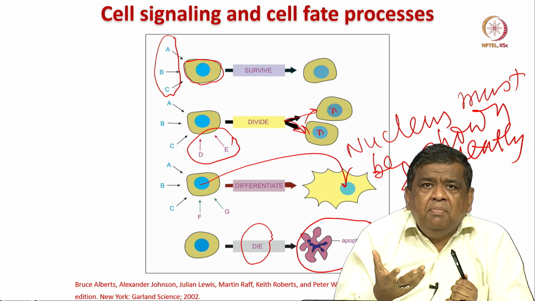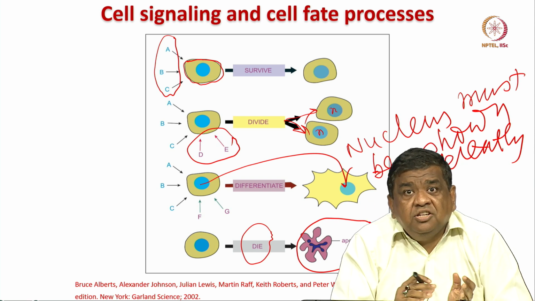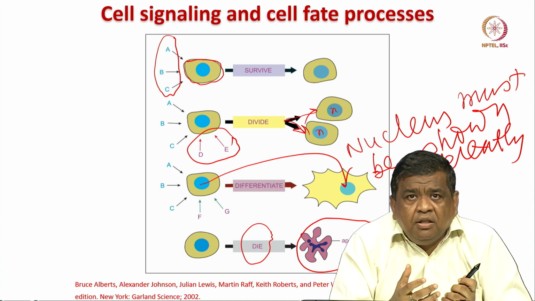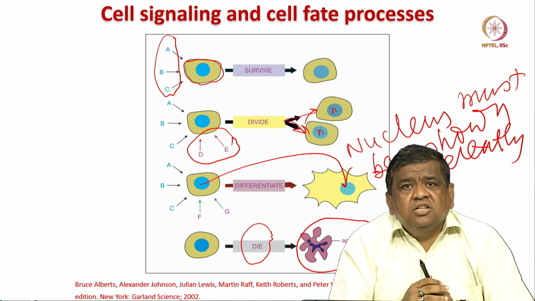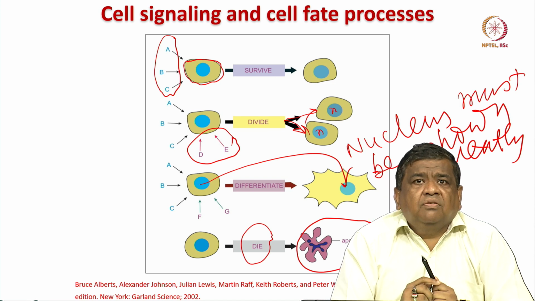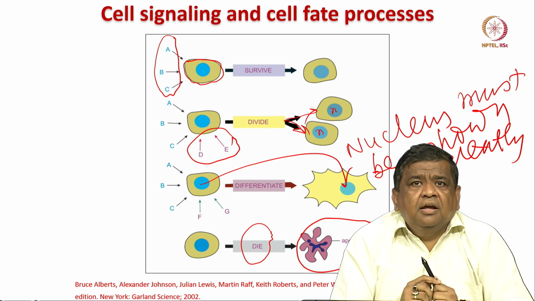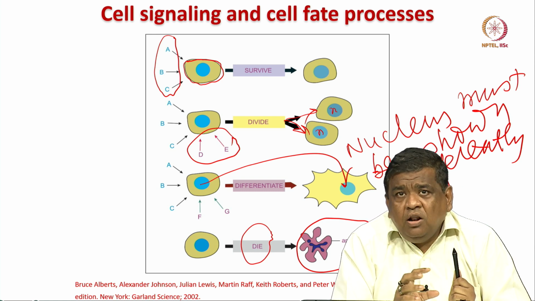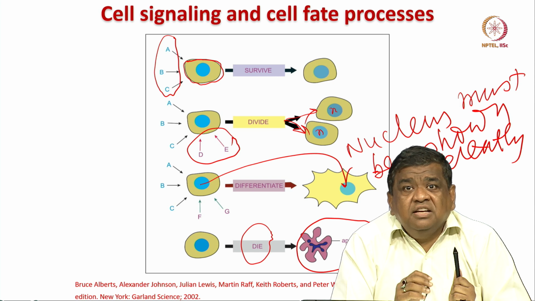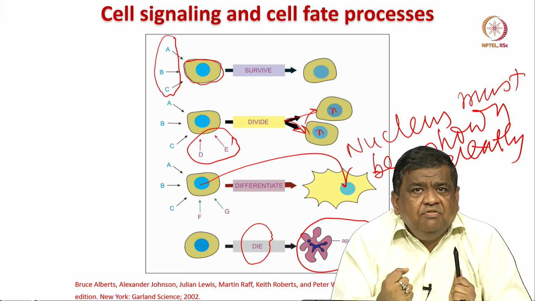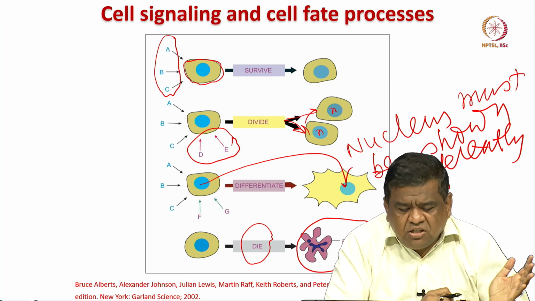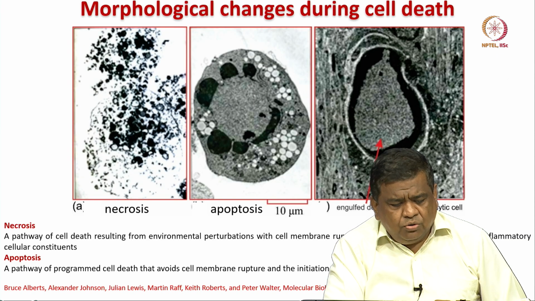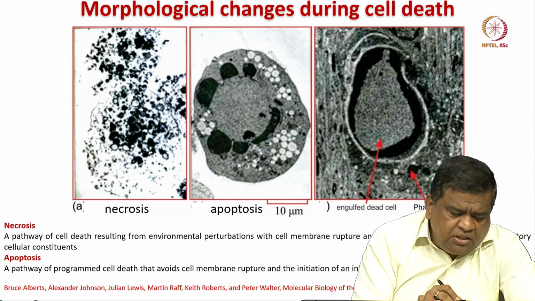It is like when a patient is on ventilation at the final stage of life, and when the ventilation is removed, the patient will essentially die. Similarly, for any biological cell, when all the signaling molecules necessary for its survival are removed, the cell will die, and this is called apoptosis or necrosis, which I will explain soon.